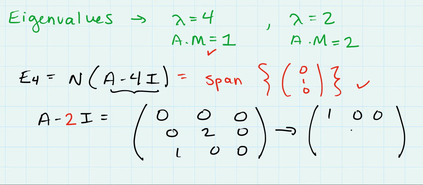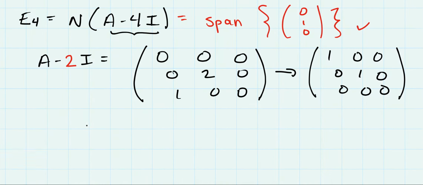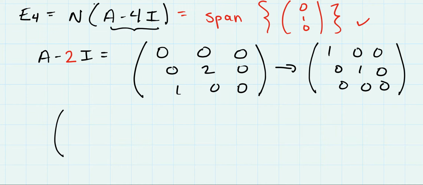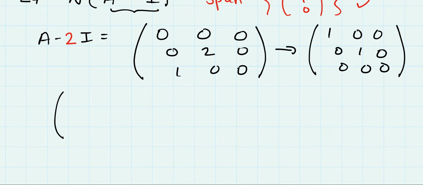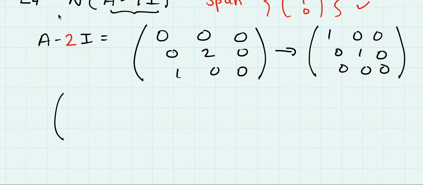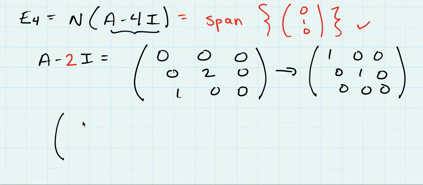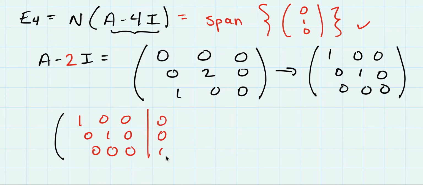Well, that's easy. Just move the row of zeros to the bottom and divide this by 2. We're going to find the null space, so this is 1, 0, 0, 0, 1, 0, 0, 0, 0, make an augmented matrix.